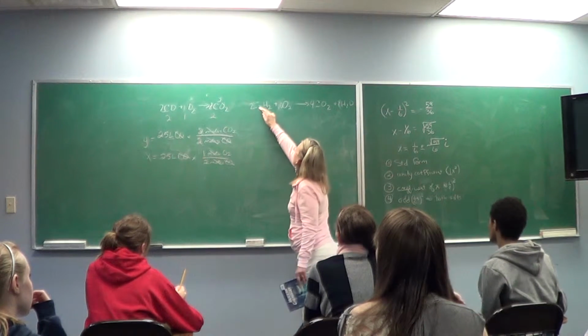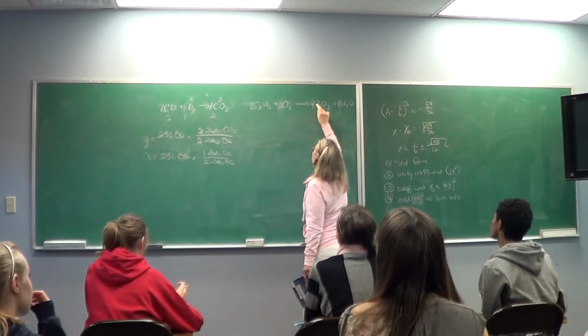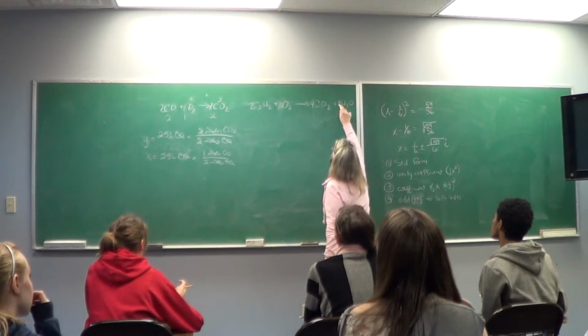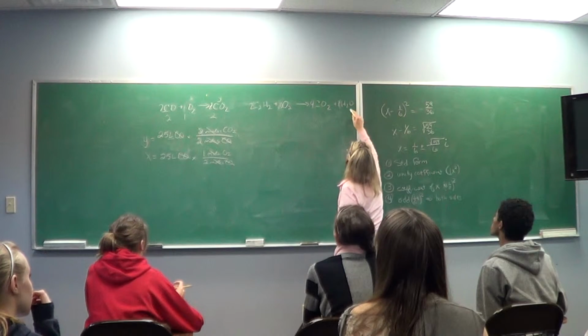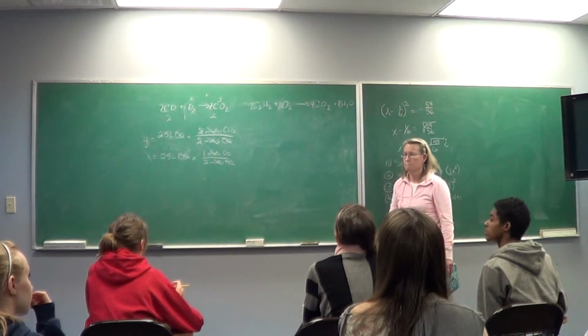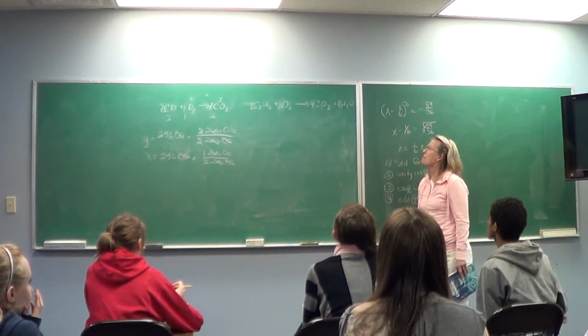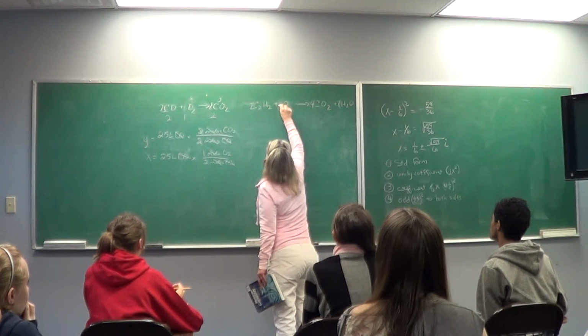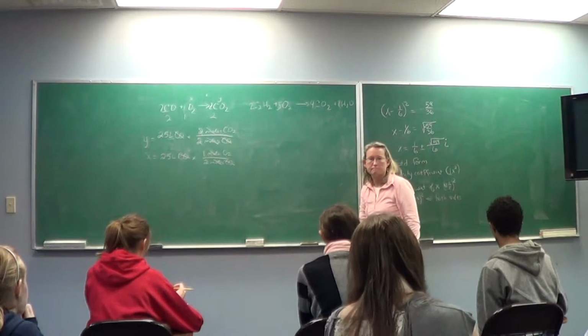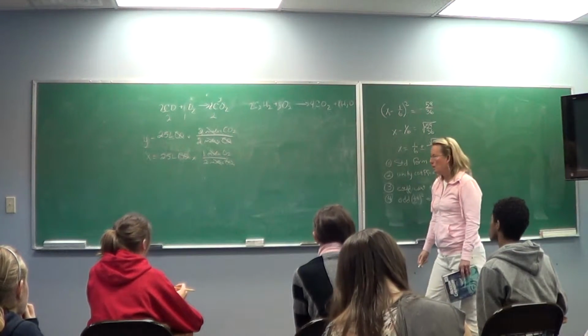So this works. That's 4, that's 4, that's 4, that's 4, that's 10, that's 8 plus 2, that's 10. That works. Wait, but isn't that 20? Oh, I'm sorry, this is supposed to be 5. There we go. Okay, so we got that.